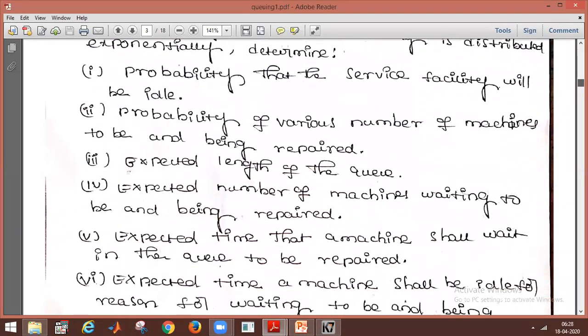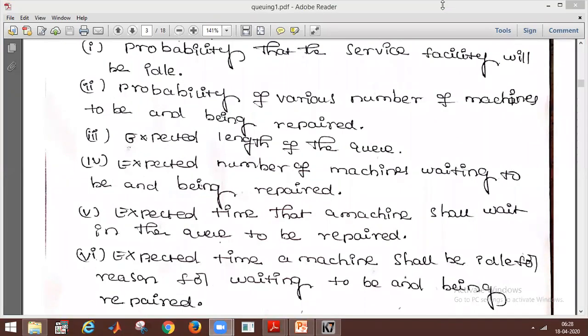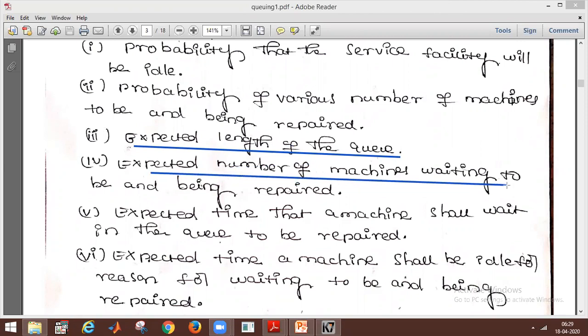Next, we have to calculate the expected length of the queue, the expected number of machines waiting to be repaired, and the expected time a machine shall wait in the queue.